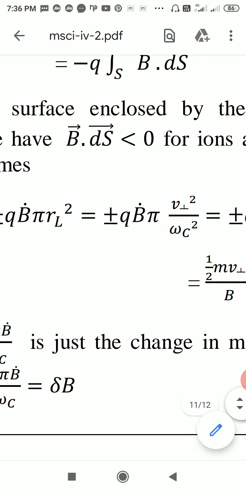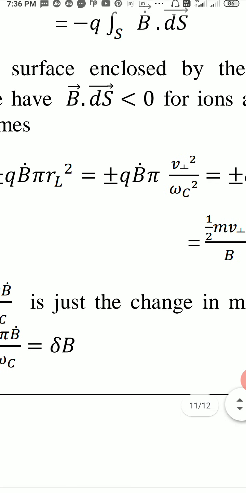And now we write r L square equal to v perpendicular square upon omega c square. That is r L, the Larmor radius, is equal to v perpendicular upon omega c. Here we use the relation v equal to omega r. Then r is equal to v upon omega. v is v perpendicular, omega is omega c, and r is r L.